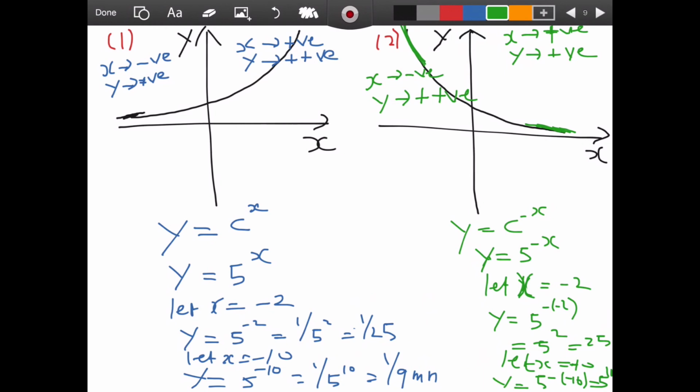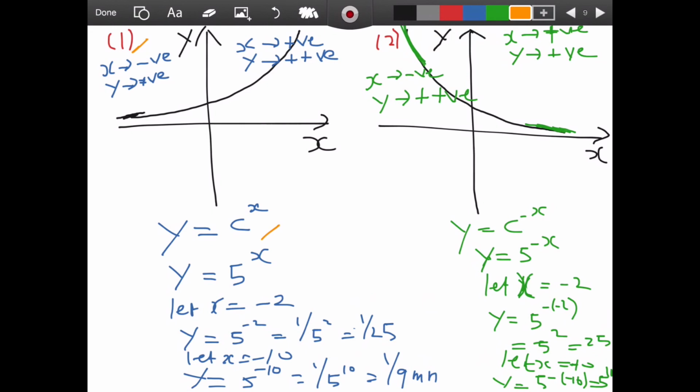So we just proved that graph number one seems to follow this pattern: y equals c power of x, and again, c is a constant. It can be 2, 5, 7, 10, whatever it is, it's just a constant.